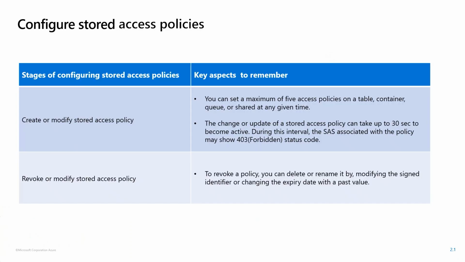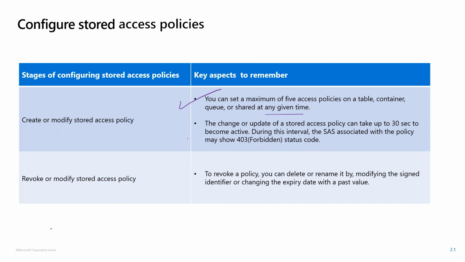Configuring stored access policies provides an additional level of control over service level shared access signatures on the server side. There are two stages for configuring stored access policies. One would be to create and modify stored access policies by setting a maximum of 5 access policies on a table, container, queue, or shared file at any given time.